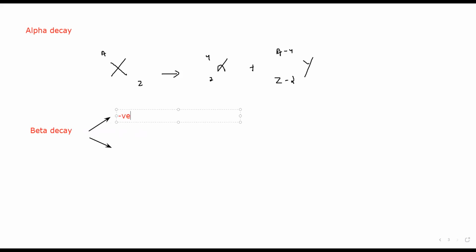A positive beta decay means a positron is emitted. So you have to learn the general equation for both. Positive is a positron.